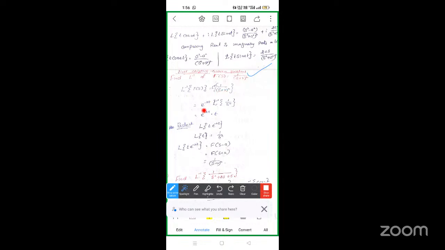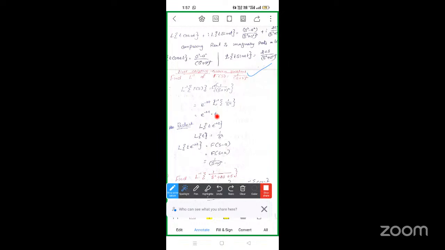So that is e power minus at, and in place of a, it is 2, so e power minus 2t into L inverse of, so we can replace s plus 2 with s after applying the first shifting theorem. So that is e power minus 2t into L inverse of 1 by s square. So L inverse of 1 by s square is nothing but t.